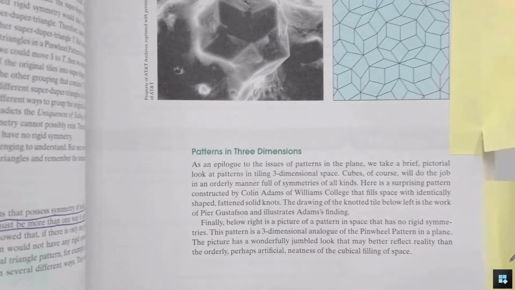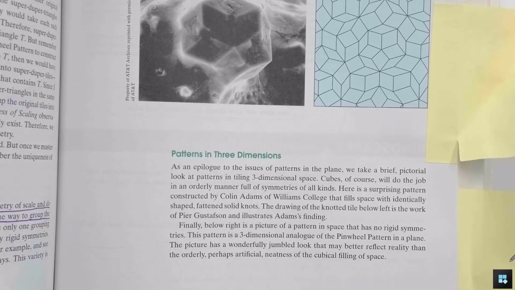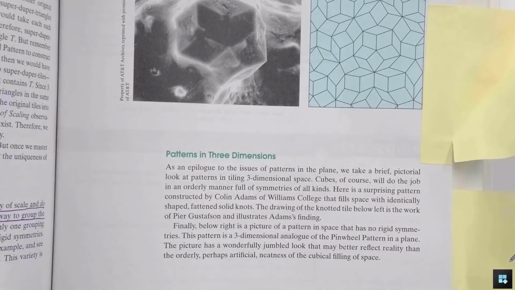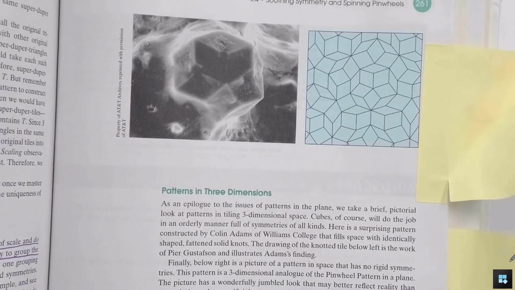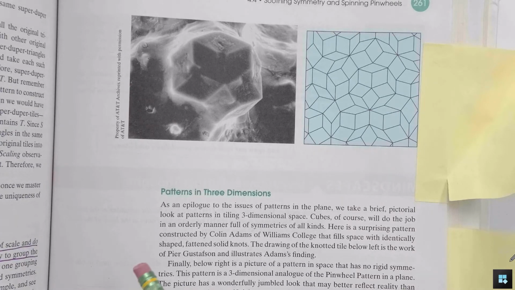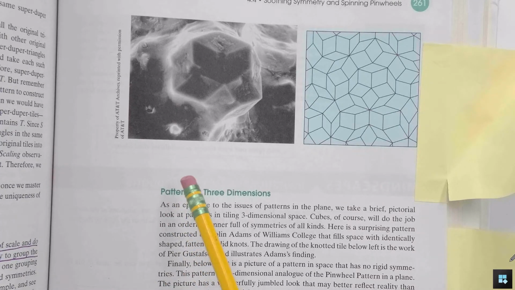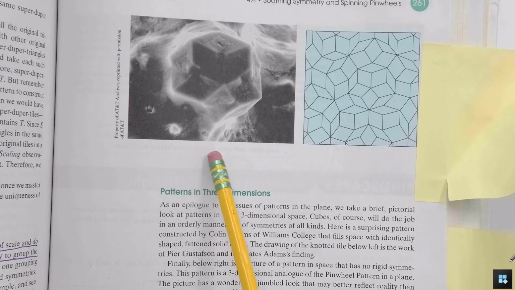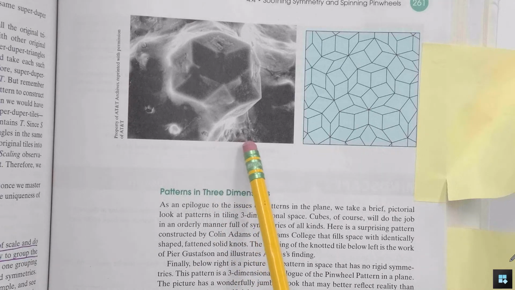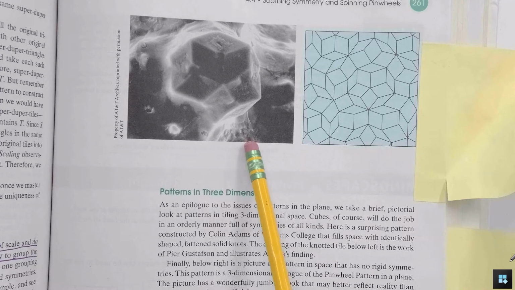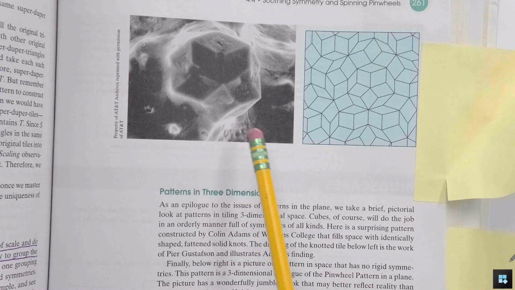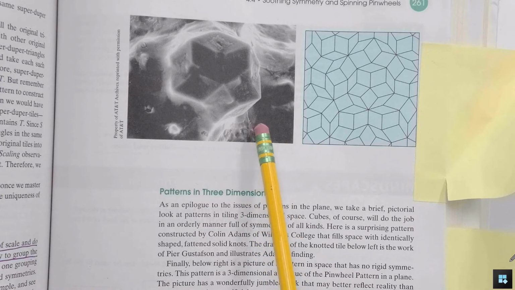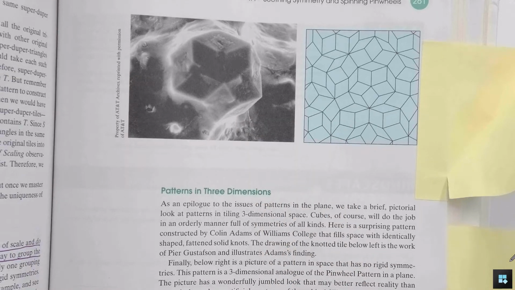These symmetry patterns that don't have any rigid symmetry, in some cases, these exotic patterns reflect the geometric structure of a class of materials called quasi-crystals. So no rigid symmetry, but we do have a symmetry of scale in these quasi-crystals in some cases.